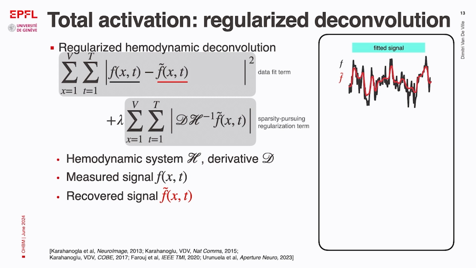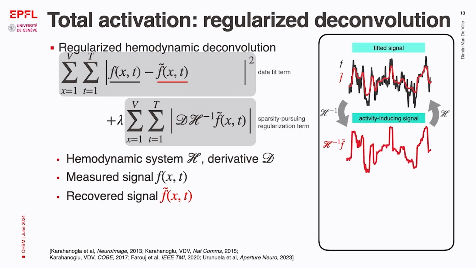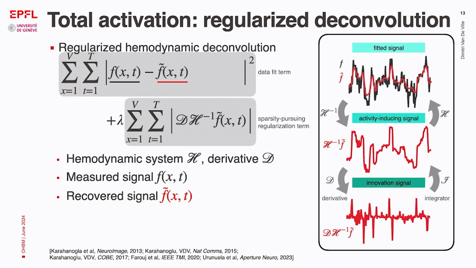What this term is telling us is that you want to approximate the measured signal F by the signal F tilde in such a way that when you apply the inverse of the hemodynamic operator to it, you get the so-called activity-inducing signal. And when you apply the derivative to that activity-inducing signal, the so-called innovation signal is sparse.